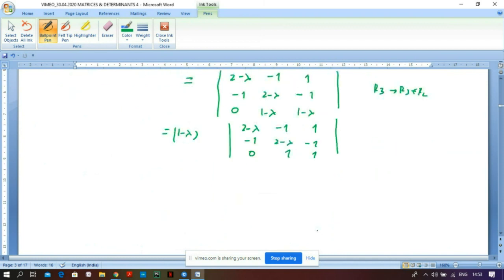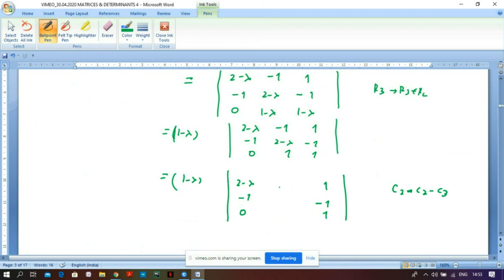I love the ones over here because I know we can do something about it. So 1 minus lambda, and this time I propose that I change C2 to C2 minus C3. So I write 2 minus lambda, -1, 0 copied. Column 1, no change; column 3 also stays. Column 2 changes, so subtract 3 from 2.